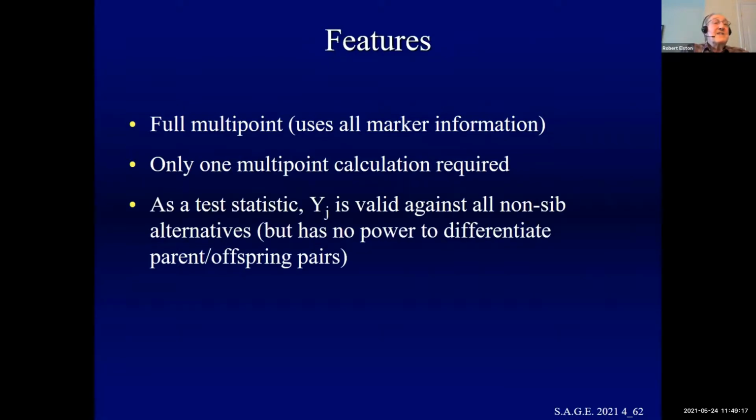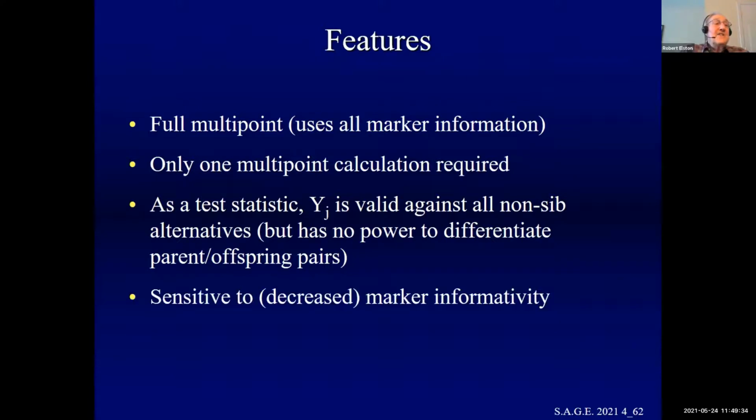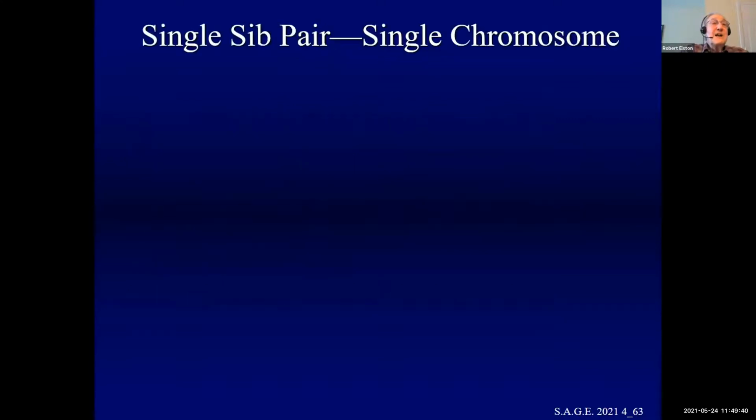A test statistic Y_J is valid against all non-sib alternatives, but has no power to differentiate between parent-offspring pairs and full sibs. And it's sensitive to decreased marker informativity. I think we've seen this. We saw a slide about that. Or maybe we'll see it later on again, but we saw it on the first day.